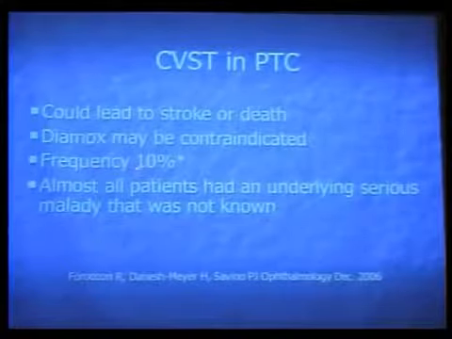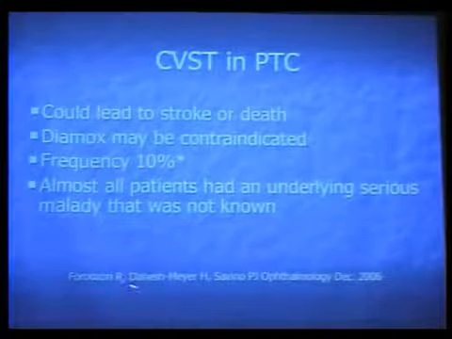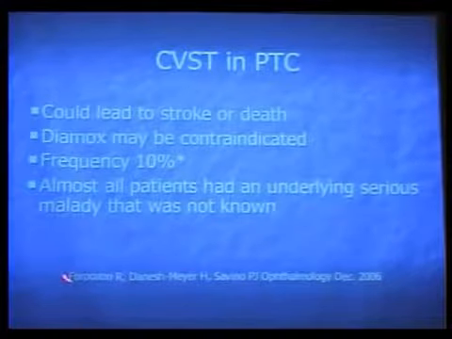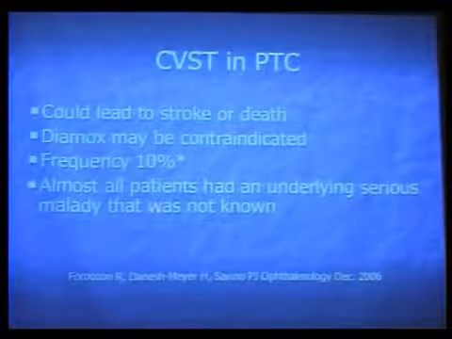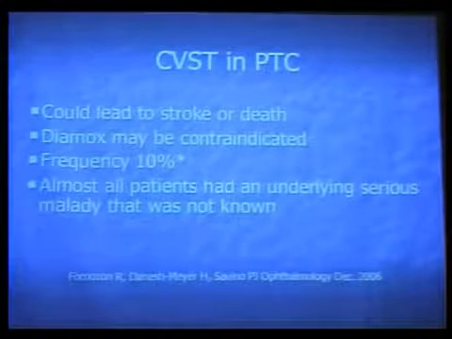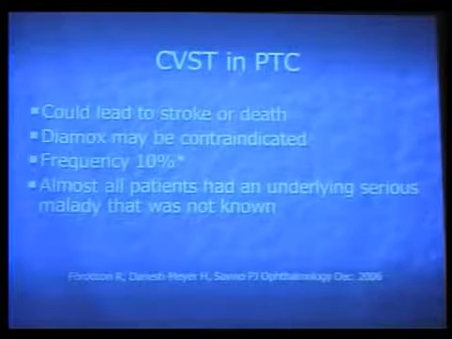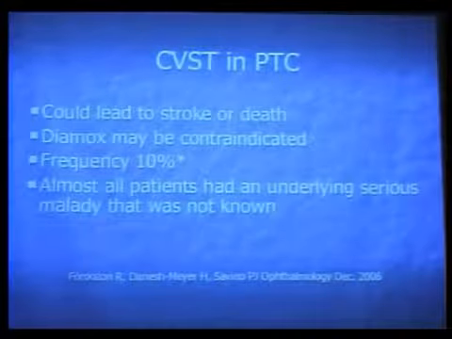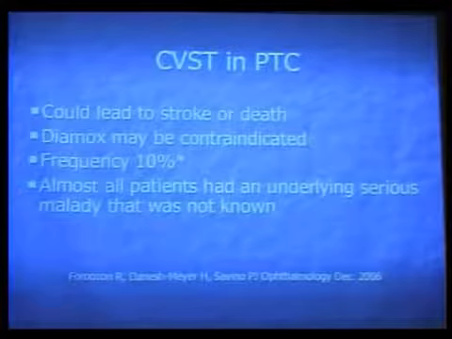How frequent is this? An article appeared by a couple of my ex-fellows and myself, where we looked at a group of people who came into the office, and we would have diagnosed them as ordinary pseudotumor cerebri. But because we do MRVs on all of them, we found out that 10% of them had cerebral venous sinus thrombosis.